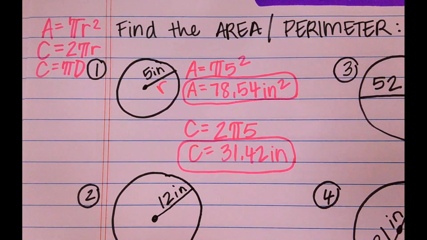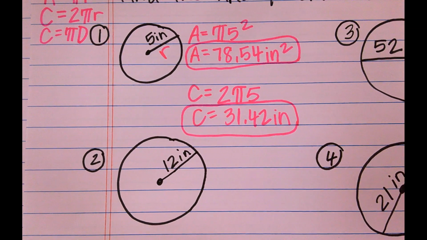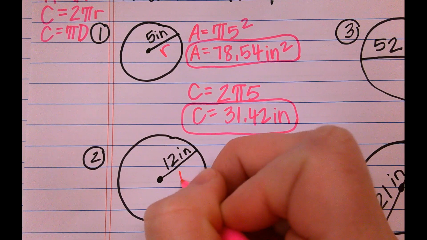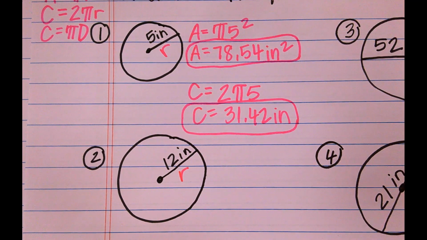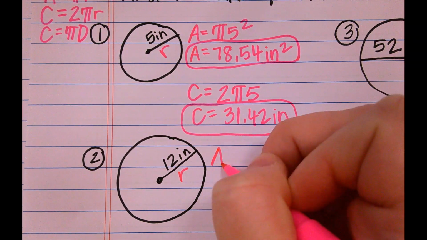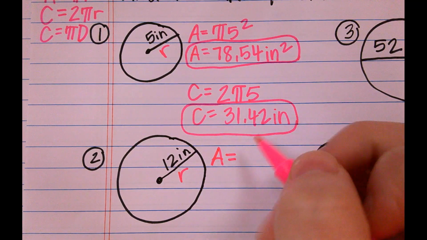So we have number 1. Let's look at number 2. Now I'm given a length of 12 inches. Is that a radius or a diameter? That's a radius this time again. So let's start with our area. What will I type in my calculator?